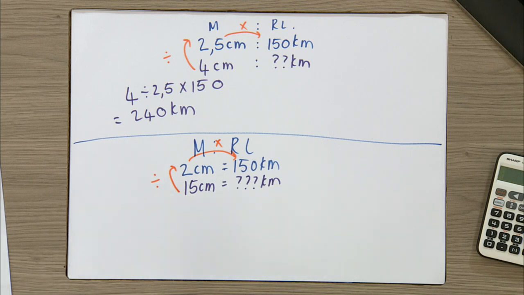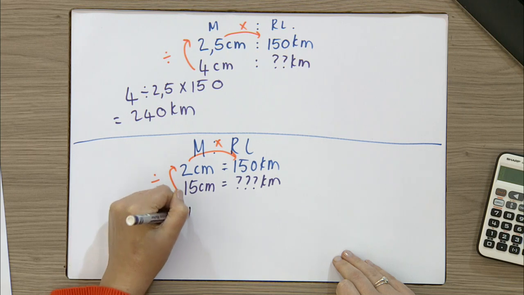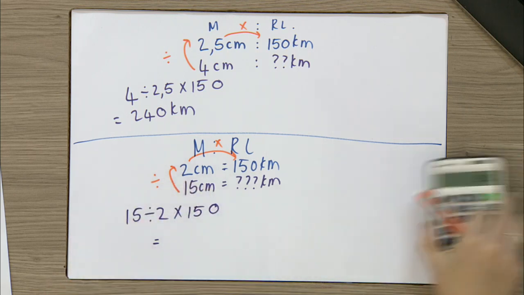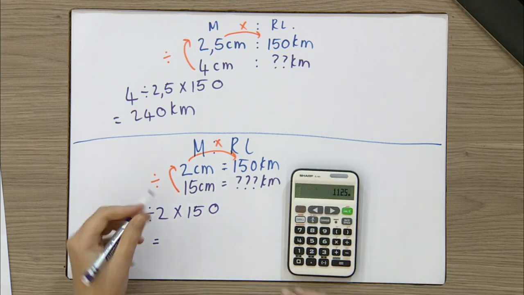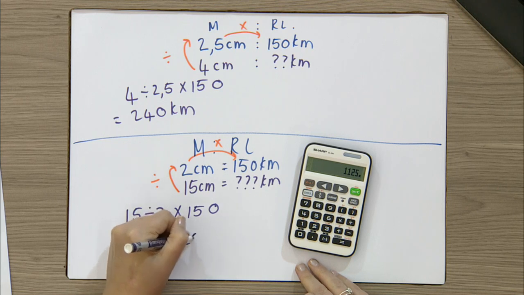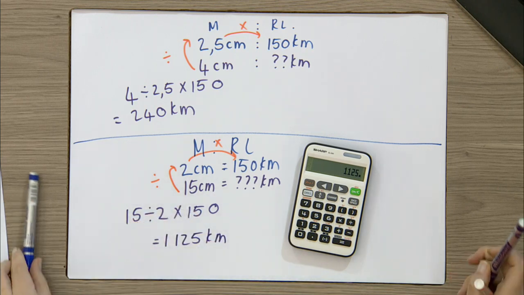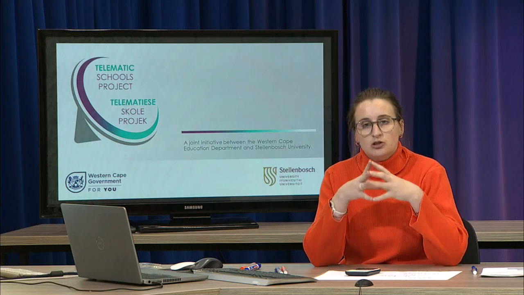So therefore it's going to be 15 divided by 2 times 150, and that's going to give me my answer in kilometers of 1,125 kilometers.